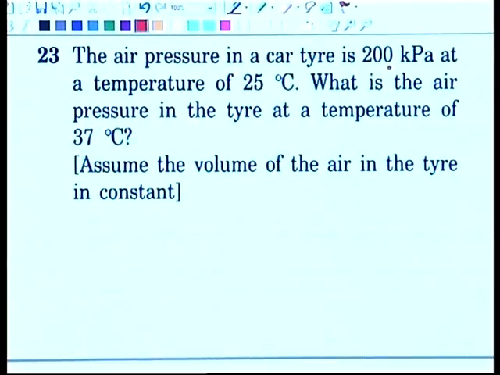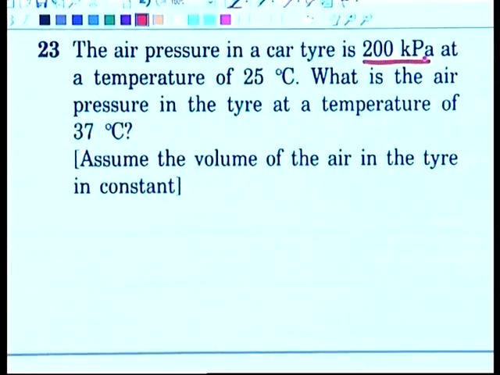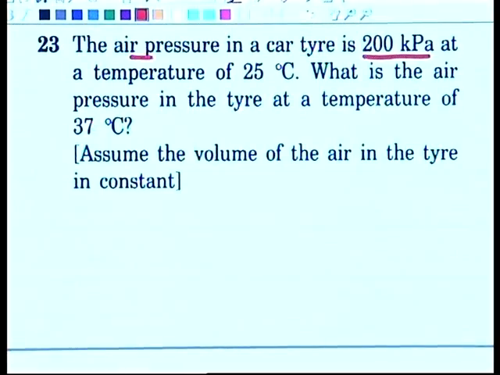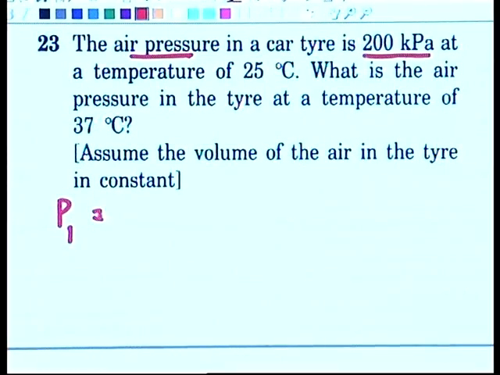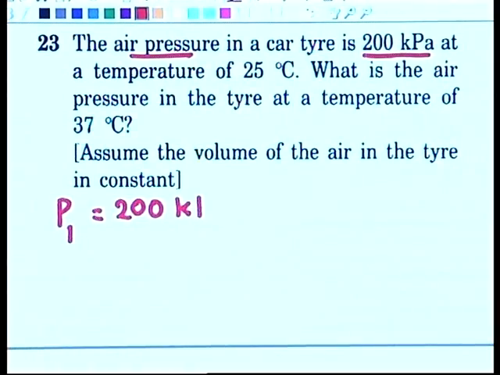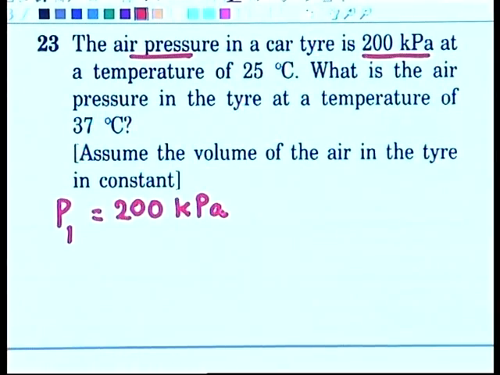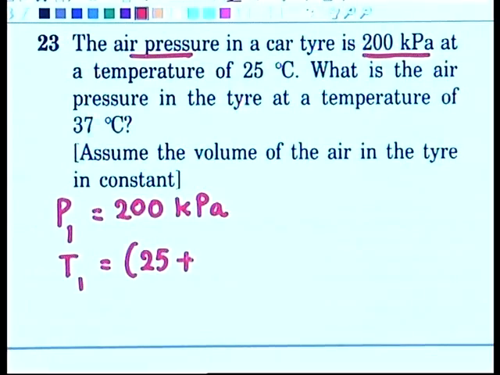200 kilopascal air pressure. So this is the first pressure. We write down P1 equals to 200 kilopascal. What is the temperature? This is the first temperature, which is 25 degrees Celsius, but T is absolute temperature. Straight away get into the habit of adding 273.